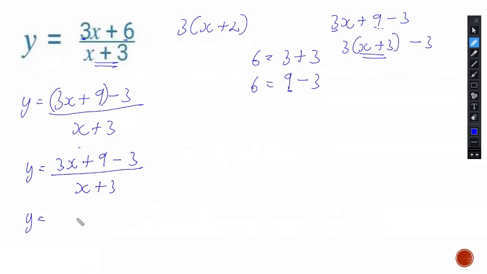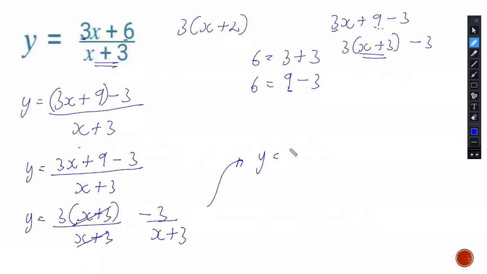So this is y is equal to 3 bracket x plus 3 over x plus 3, then minus 3 over x plus 3. Right. Now at this point here, we will have this and that cancel out. So this is going to be y is equal to 3 minus 3 over x plus 3.